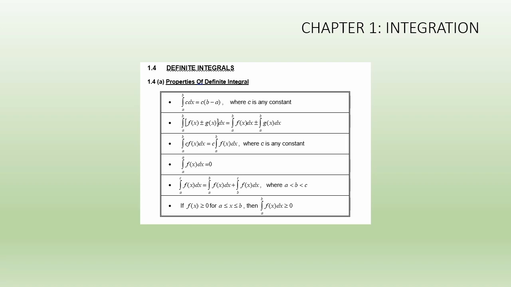Second property: if you have the integration from a to b for a function f(x) plus or minus a function g(x), we can separate it into the integration from a to b for f(x) plus or minus the integration from a to b for the second function g(x).